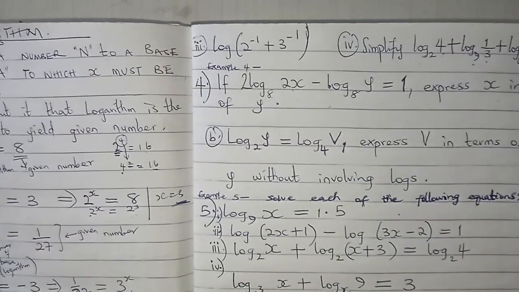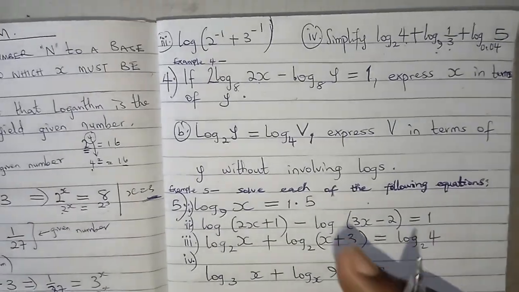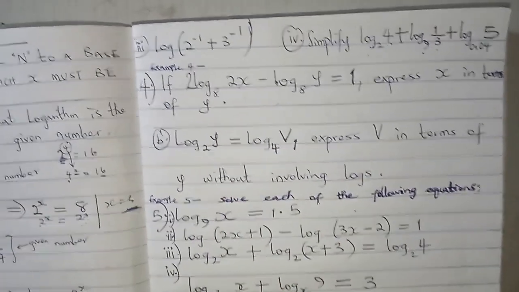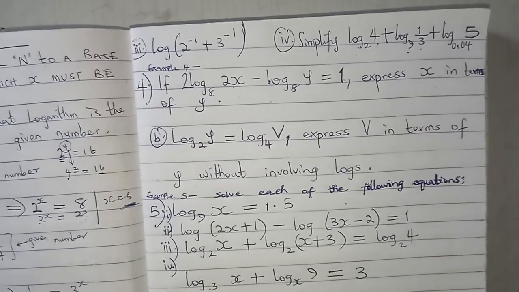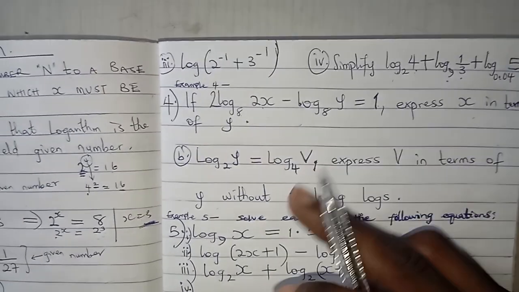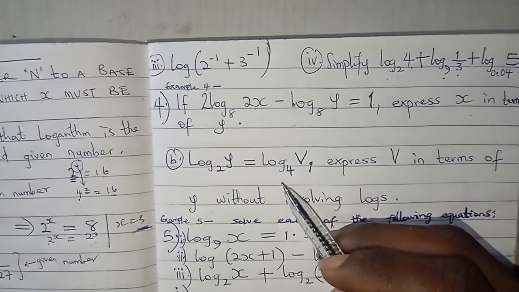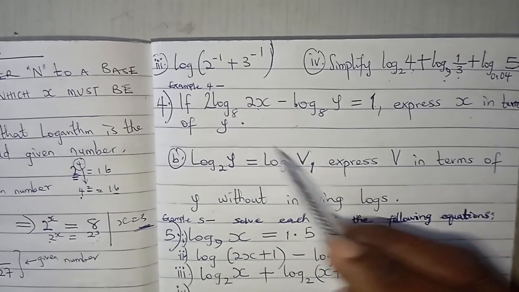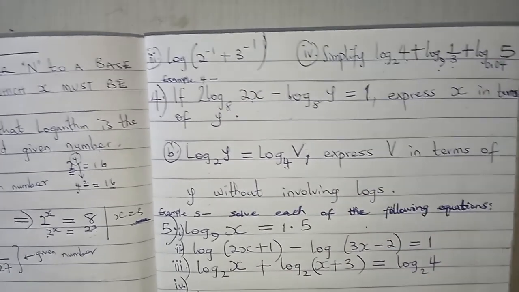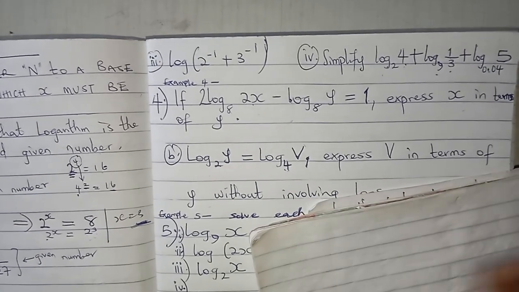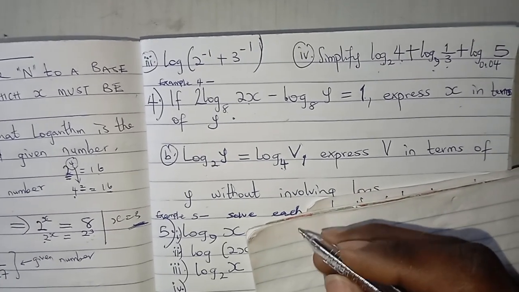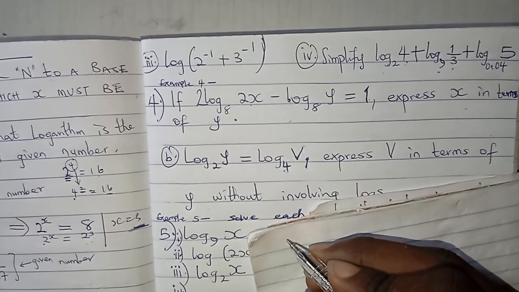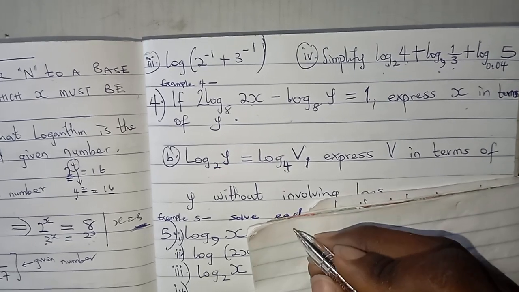So the next one, they said log y to base 2 is equal to log v to base 4. Notice that these two bases are different. The values are different. So this is where you apply the equality law, or base law actually.